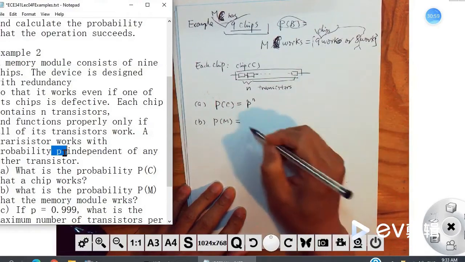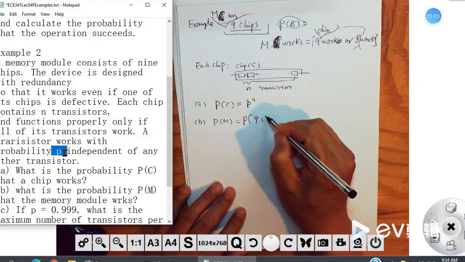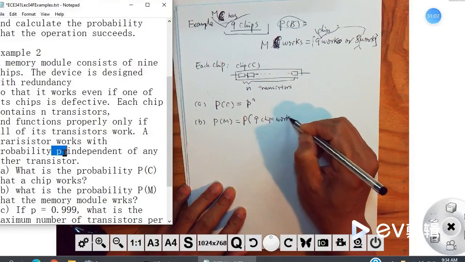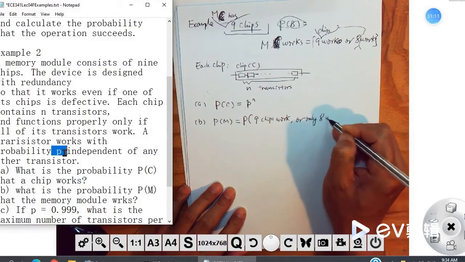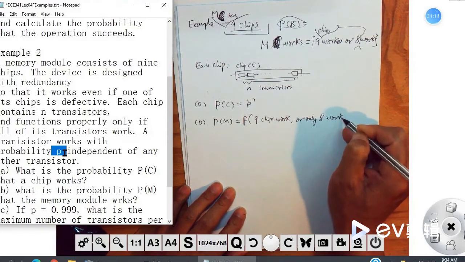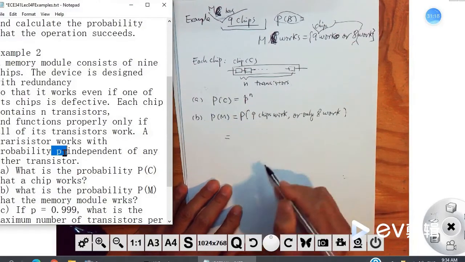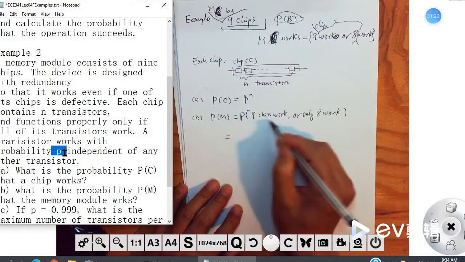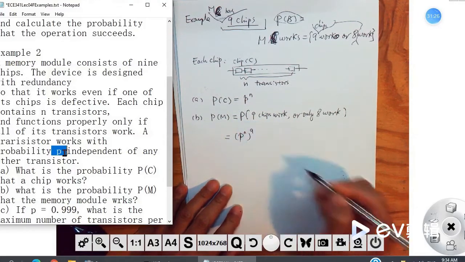Either all 9 chips work, or only 8 work. If all 9 work, each one has this probability, so 9 of them work is P^n to the 9th.